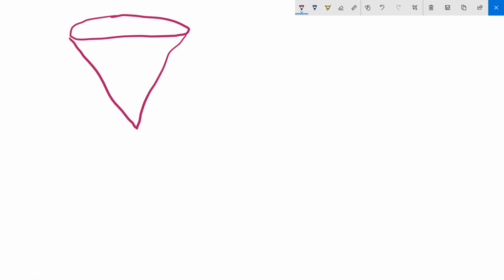So, let's talk about the cone. Wow, I knew how to draw a cone so well. Let's say you have a conical tank, as shown in the figure.